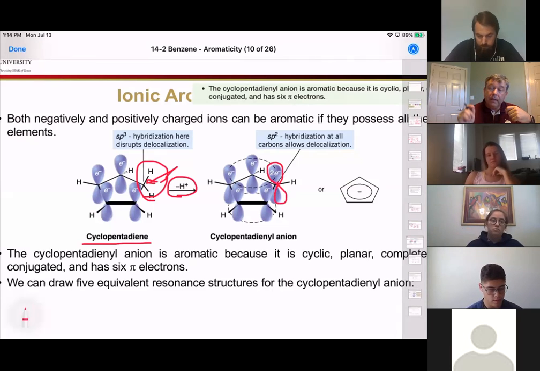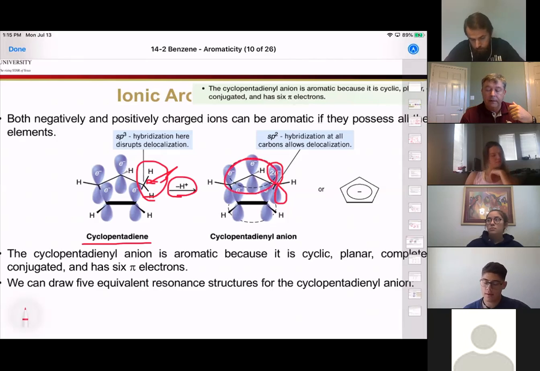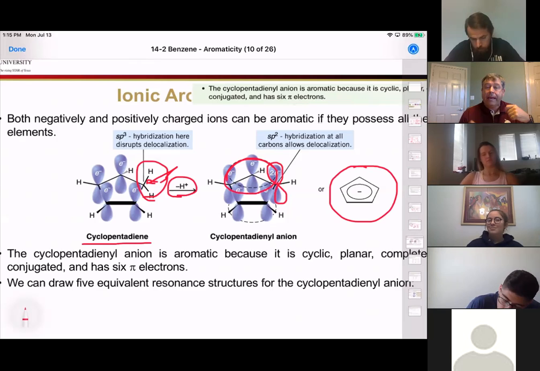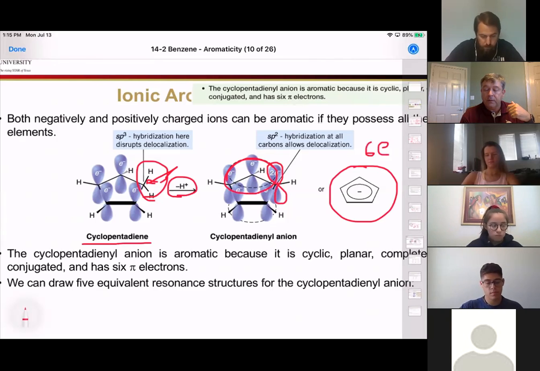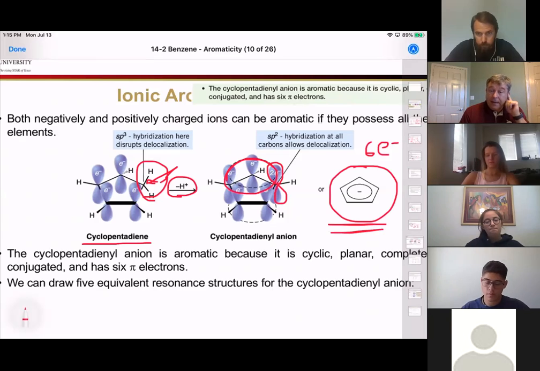And those 2 electrons are left over in that p orbital and then can be delocalized around the entire ring, giving us our cyclopentadienyl anion. And our cyclopentadienyl anion now has 6 electrons, which fits our Hückel rule and means it's aromatic and can be drawn as an aromatic system.